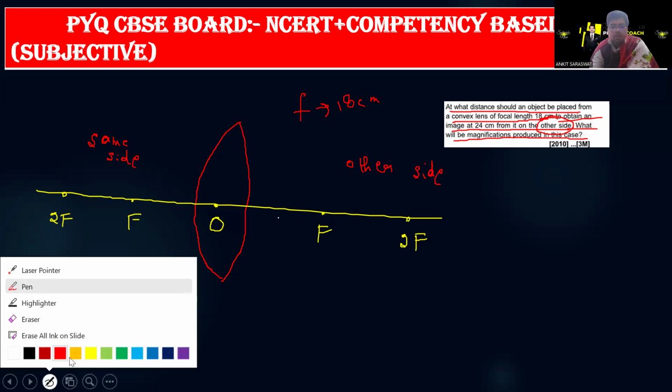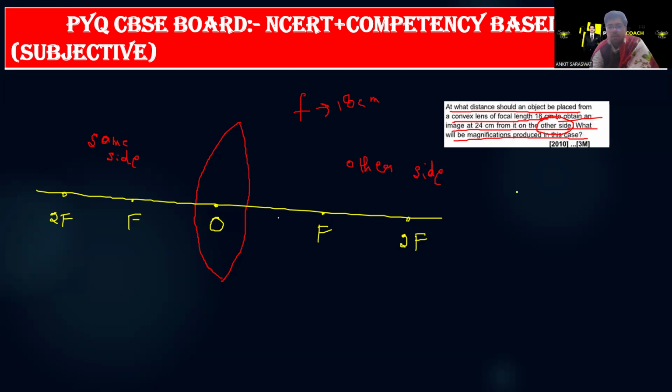Now, what is the answer? Simply, they are asking what will be the magnification produced in this case. So, focal length given, 1 upon f is equal to 1 upon v minus 1 upon u. v is the image distance they have given. At what distance should an object be placed?